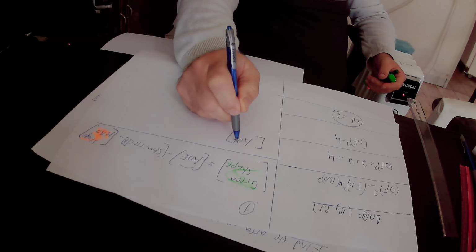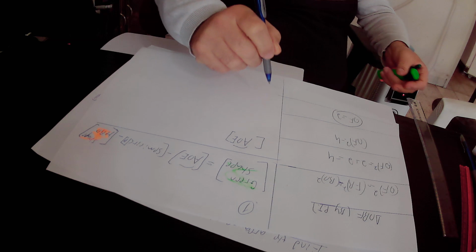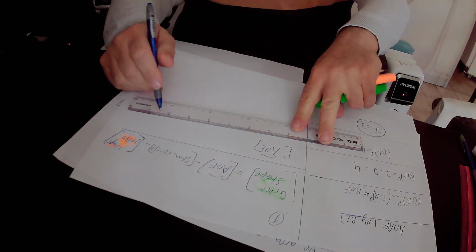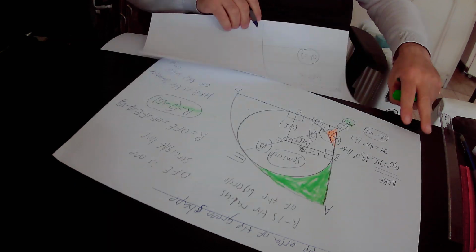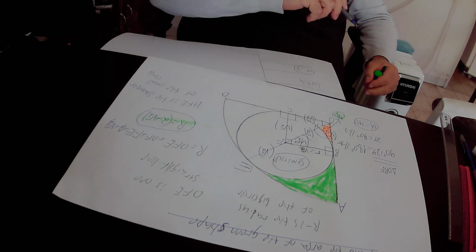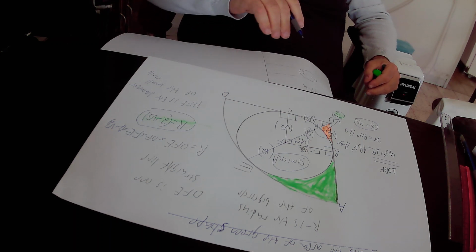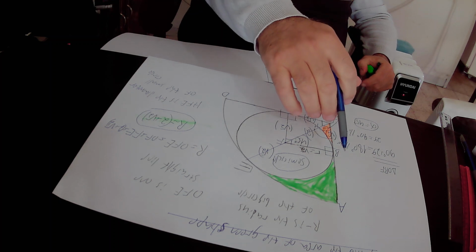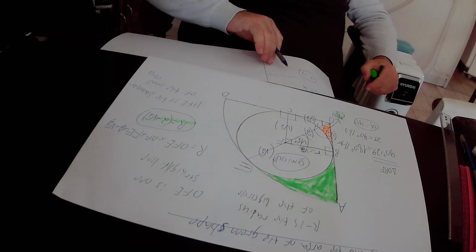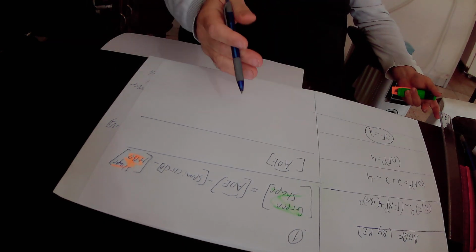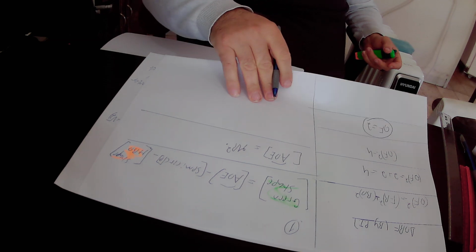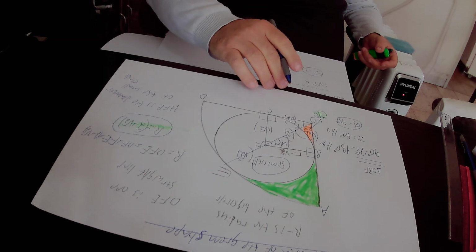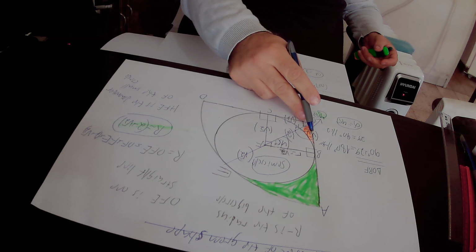Repeat again. The big sector AOE is part of the big circle, and therefore each of the two legs of the big sector AOE is a radius of the big circle, that is capital R. Because the big sector is part of the big circle, the area of the big circle is pi times capital R squared times the angle between the legs of sector AOE.